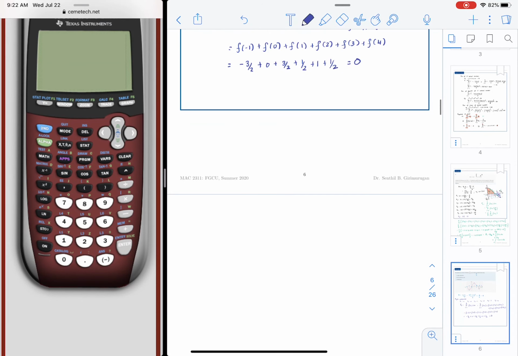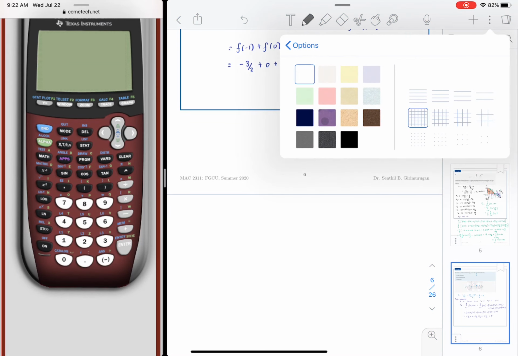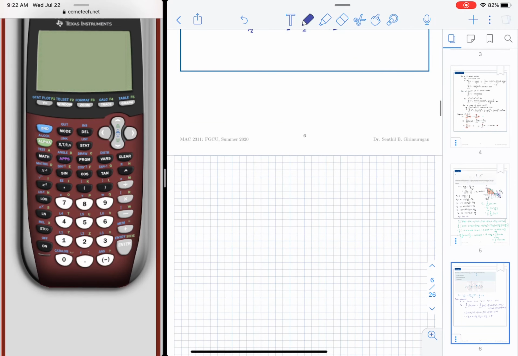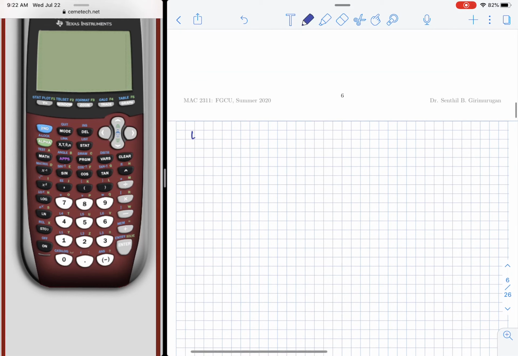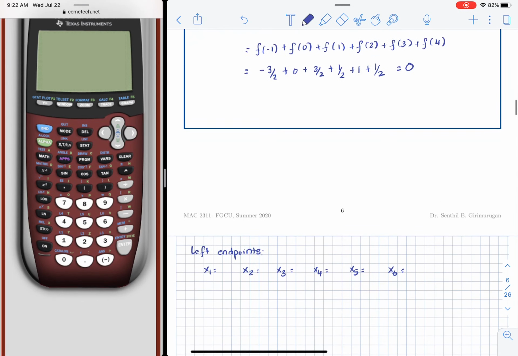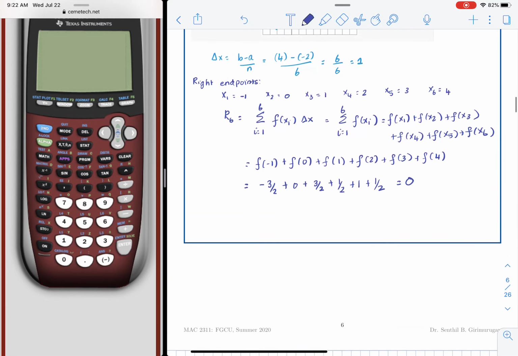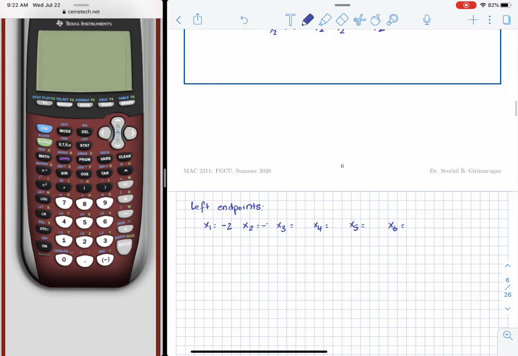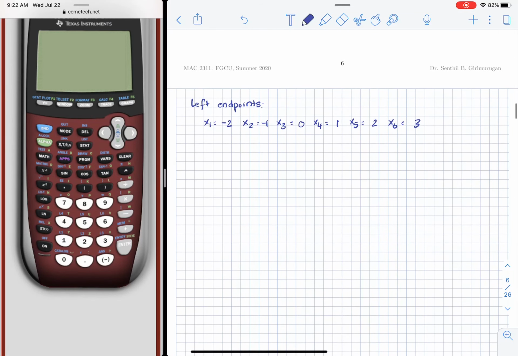Now we have to do the same with the left endpoints. So x1, x2, x3, x4, x5, and x6. Since we are starting on the left-hand side, the first point would be -2. And the next one would be -1, 0, 1, 2, 3, because delta x is 1.